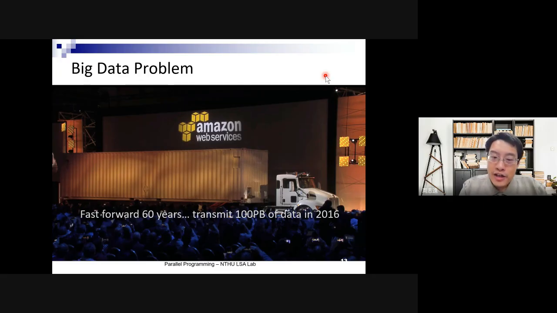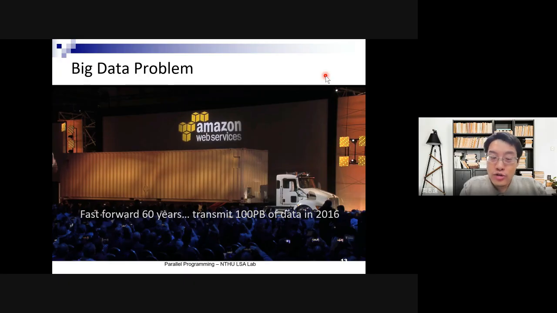Okay, and it is not a joke. AWS is one of the most famous cloud services in the world. It provides all kinds of services, and one of them is to ship your data by plane and delivery. So if you order the service, they will send you a box and ask you to put your hard drive into the box and then ship it to the data center or to another location.